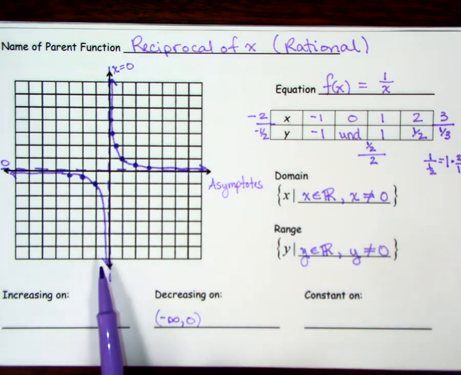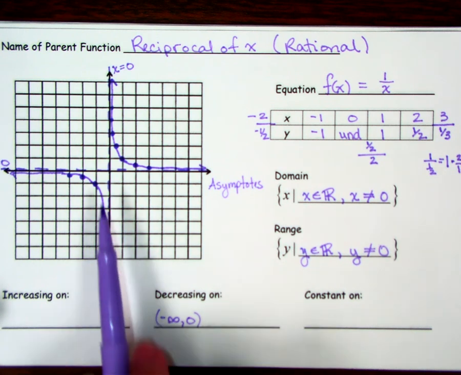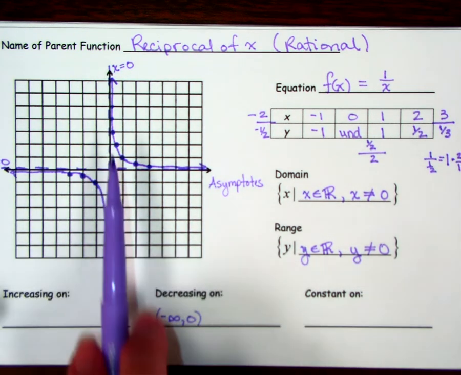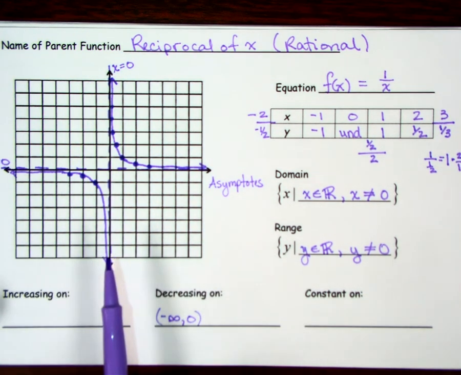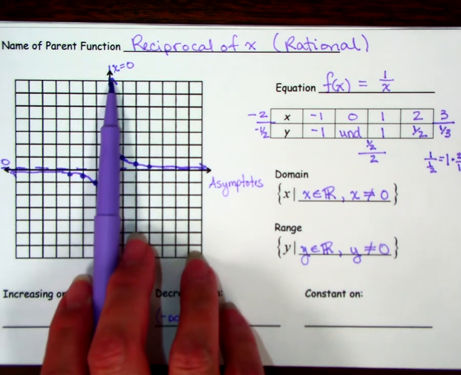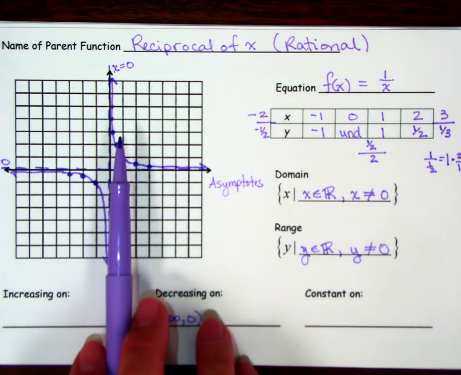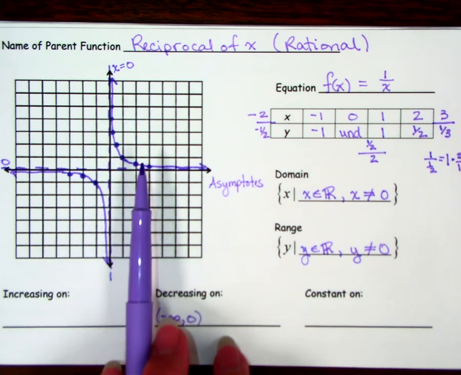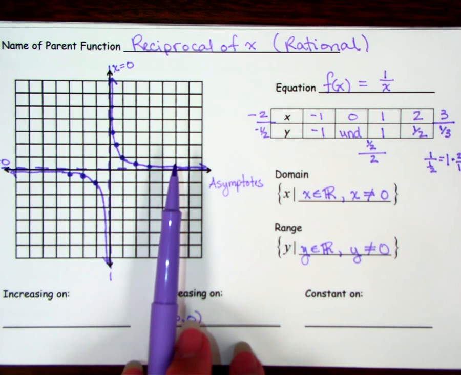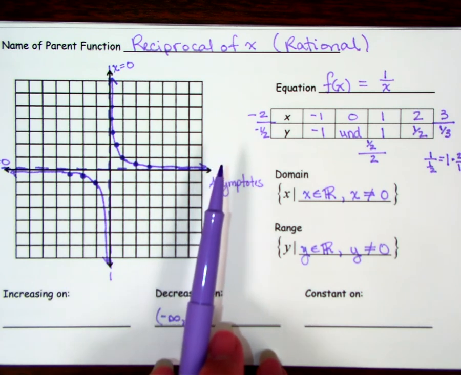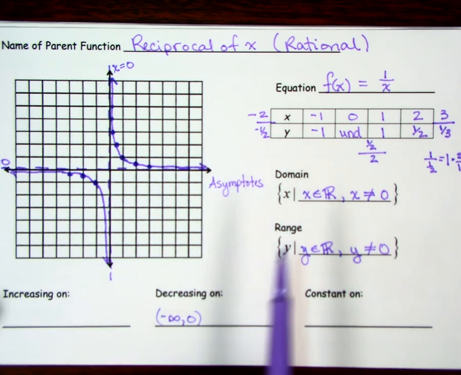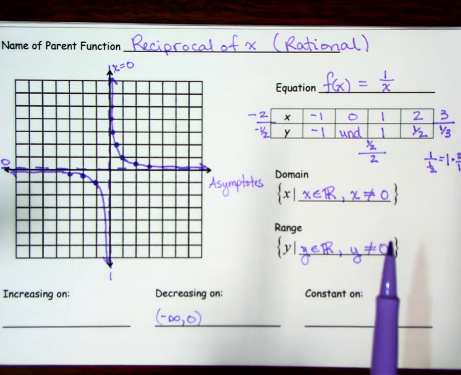Now in order to get back to the graph again, I have to lift my pen because there's an asymptote there. There's a value of x that's not included in the domain, so I have to skip over it. And that brings me to this part of the graph here, which is very high on the graph. As I move my pen from left to right, my pen is still moving downward all the way as far as I could possibly go, and if I could continue going on forever, my pen would still be moving downward, even though it's just doing so very slightly.